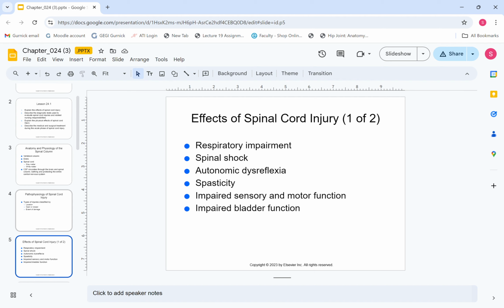All right, so now we're going to go back to spinal shock. All right, spinal shock is something that happens when you get a spinal cord injury, but you don't have the spinal cord cut in half or partially cut in half. You don't have a severed spinal cord.